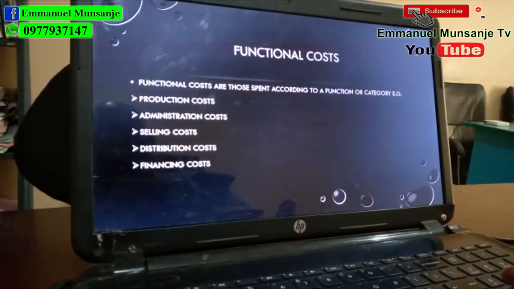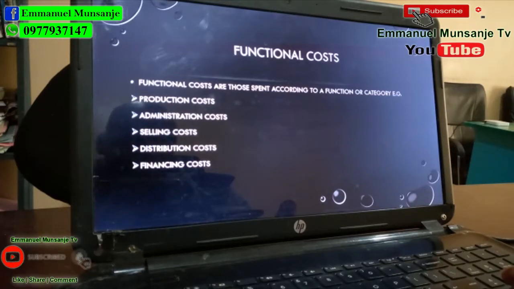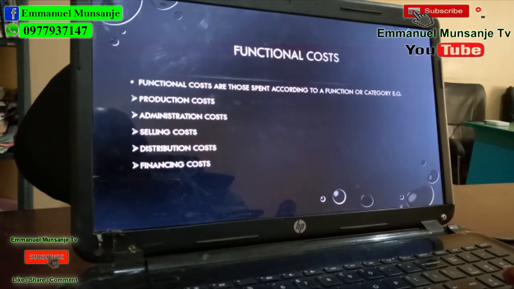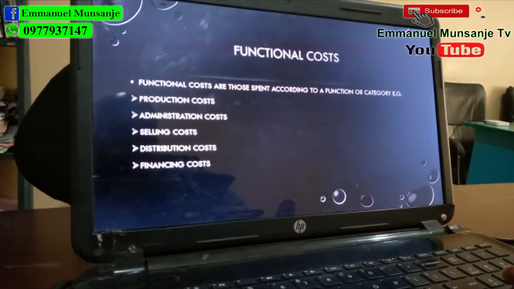Functional cost: you can also classify the costs as functional, meaning you spend as per function. For example, production cost. If you say this is production cost, it is because the function on which you spent was production. Administration costs, if you classify them as such, it means that what you spent went to administration.